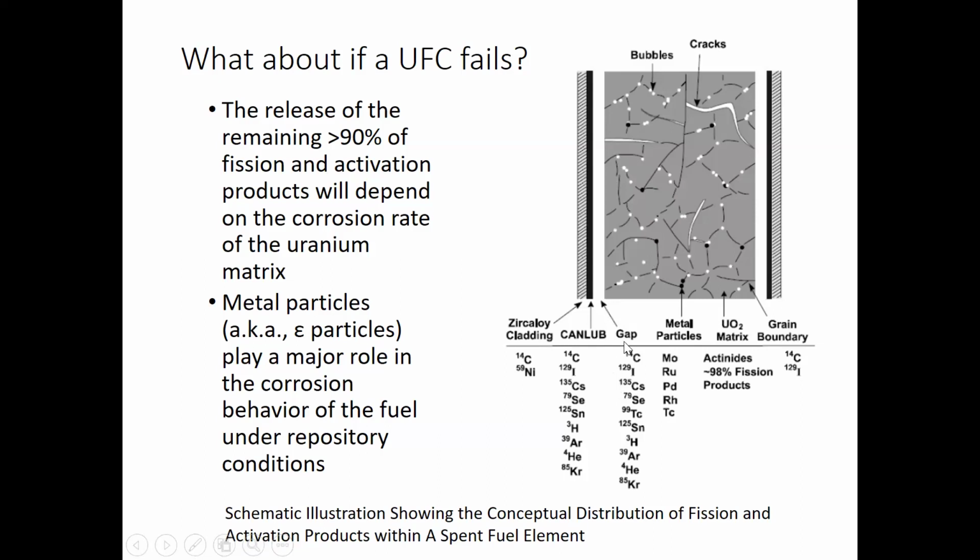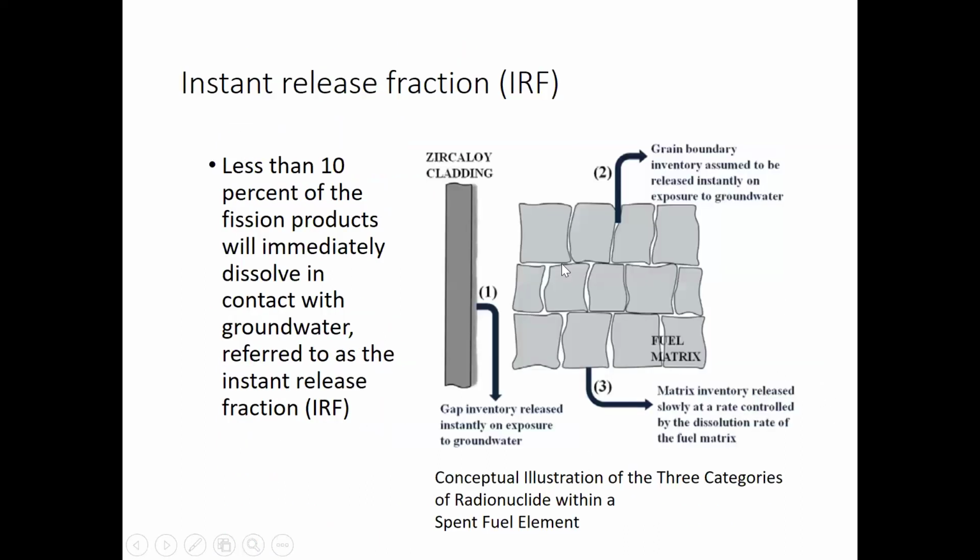So when it comes to all the different fission products within this gap, the iodine, the cesium, or let's say the iodine that are at grain boundaries, we assume that this contributes to what's called the instant release fraction. This is less than 10% of the fission products, but we're assuming that it will immediately dissolve on contact with groundwater.